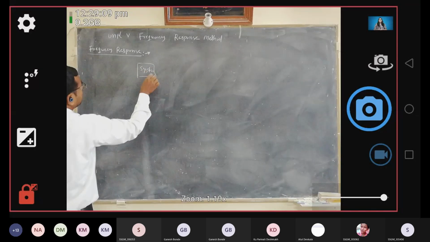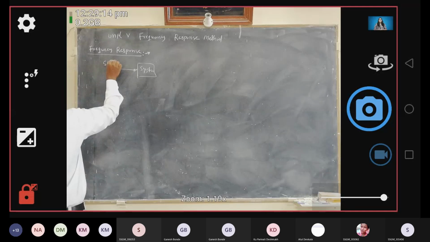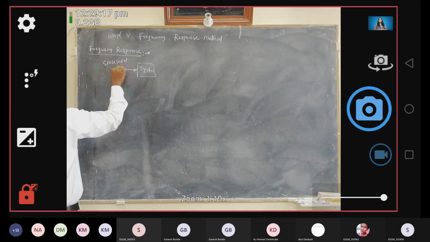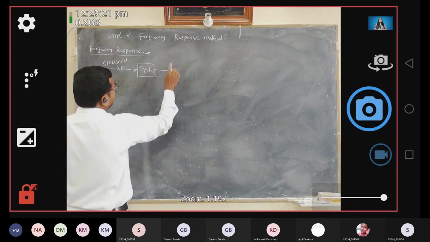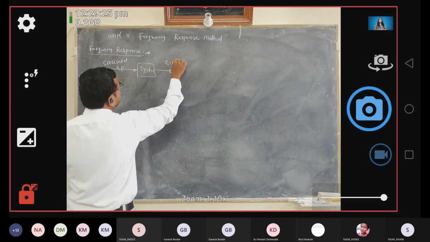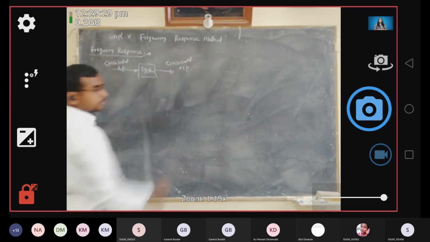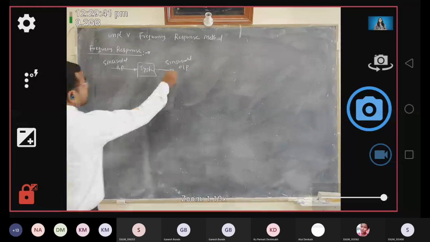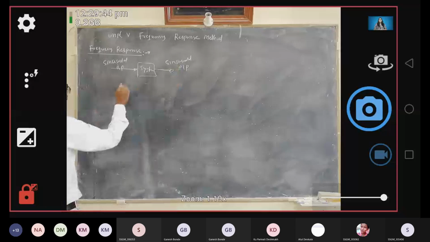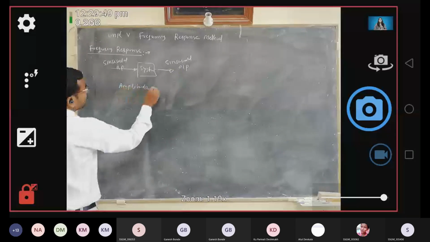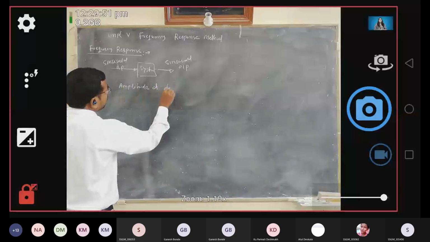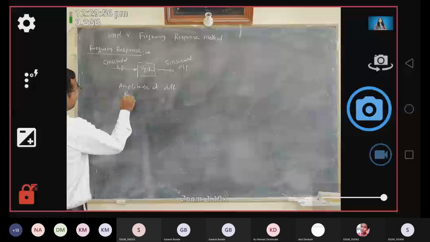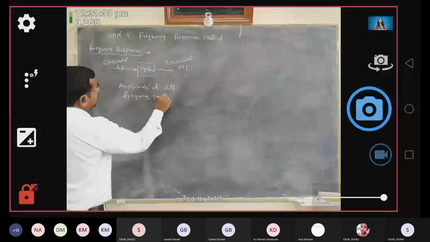When this system is applied with a sinusoidal input, we'll also get a sinusoidal output, but the amplitude of the output response is different from the input amplitude, while the frequency of the signal is the same. Such a response is called the frequency response.